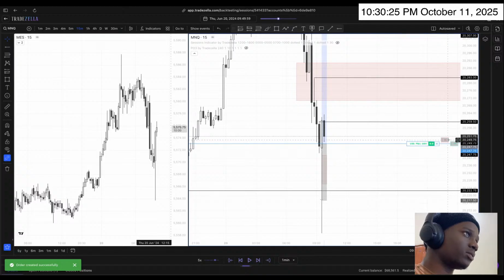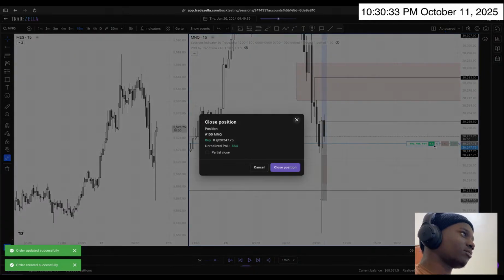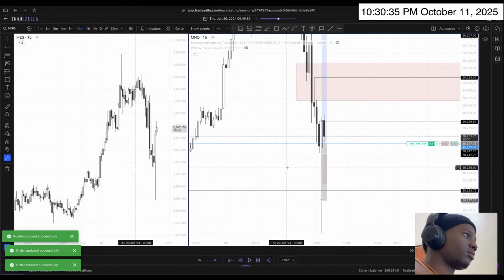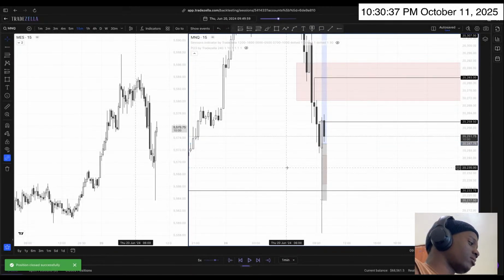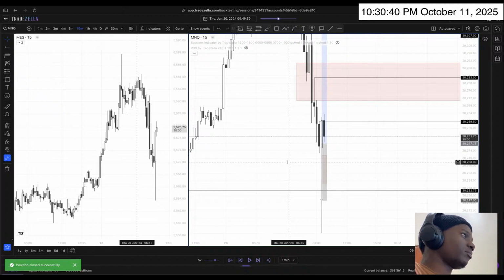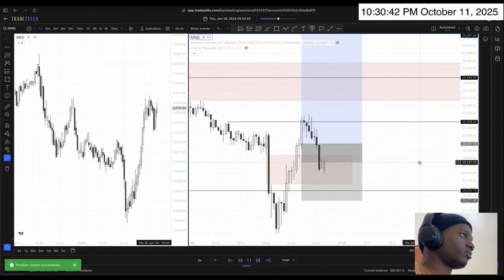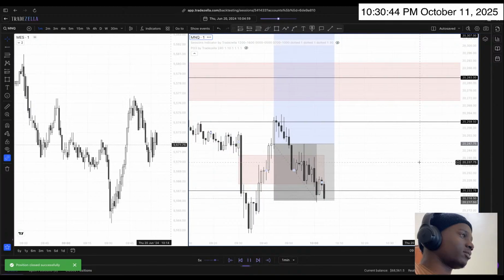My stop loss was set, I don't know why it's not getting triggered. I'm gonna close it here. Well, probably will go higher, but I'm not ready for that kind of movement.